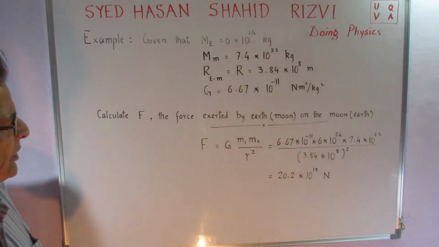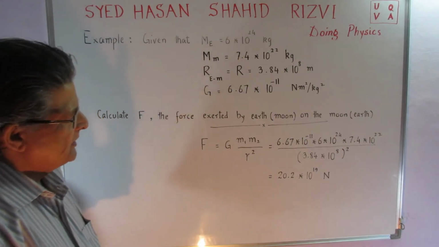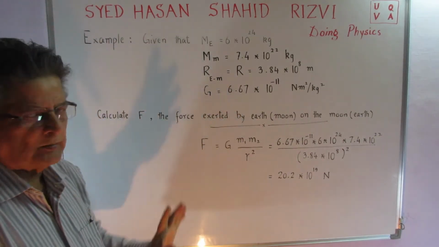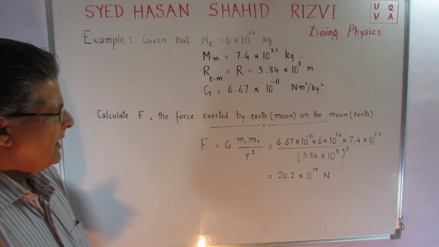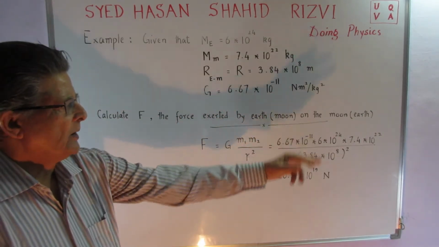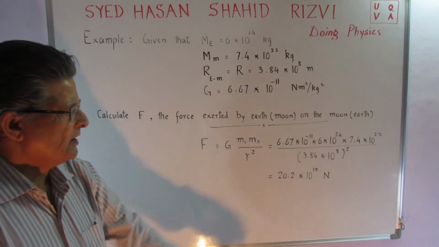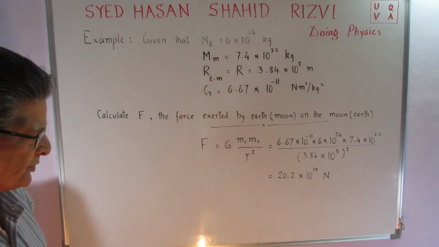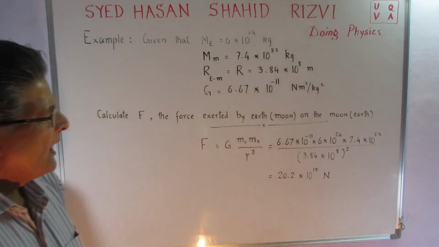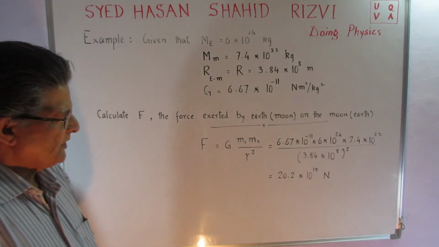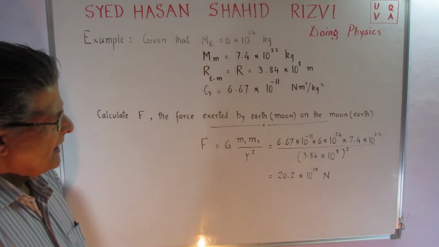We use the formula G m1 m2 upon r squared, put in the values, and obtain the result, which is 20.2 × 10^19 newtons.